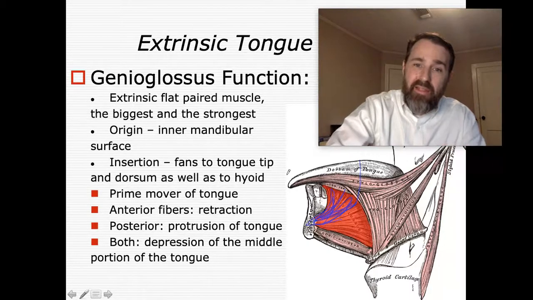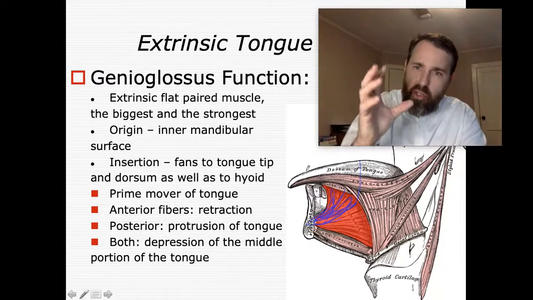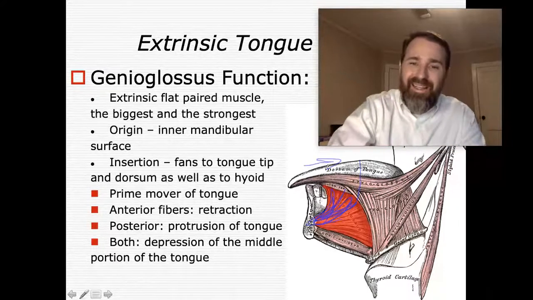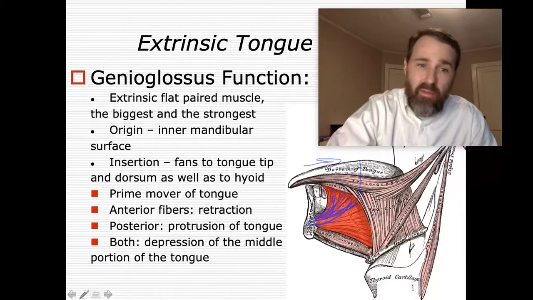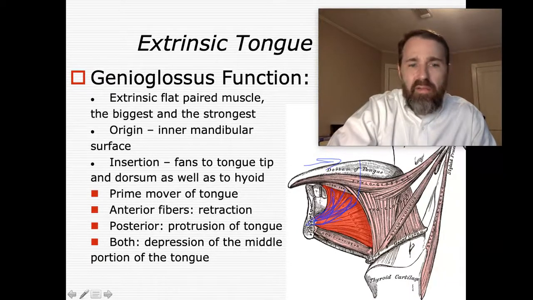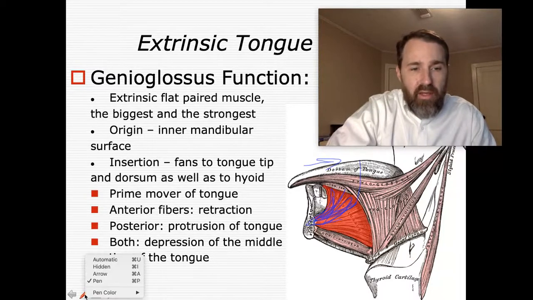And if the tongue tip is protruded out, then contraction of those anterior fibers is going to pull the tip of the tongue back into the oral cavity. So the anterior fibers of the genioglossus are responsible for retraction of the tongue.